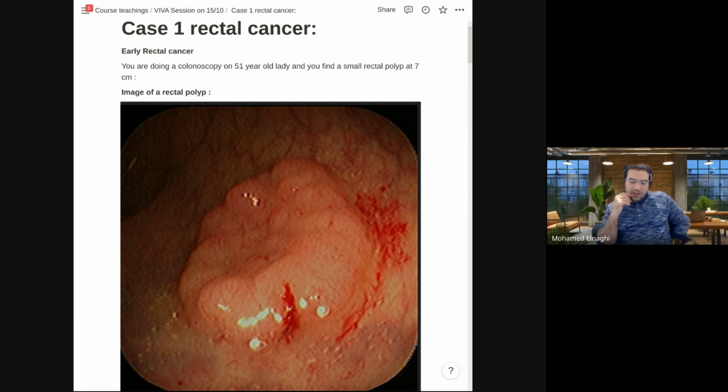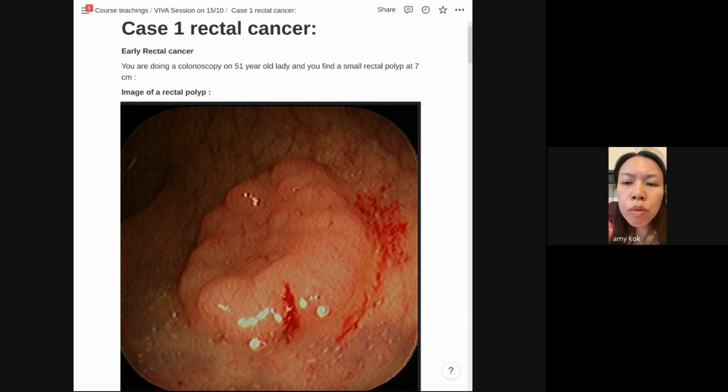So you said initially you will take 6 biopsies. Would you think about excising this polyp? I would try to see if I can use some normal saline injection, inject through the base, to see whether the lesion is raised up or not. But according to this image, my impression is that it's quite fixed.